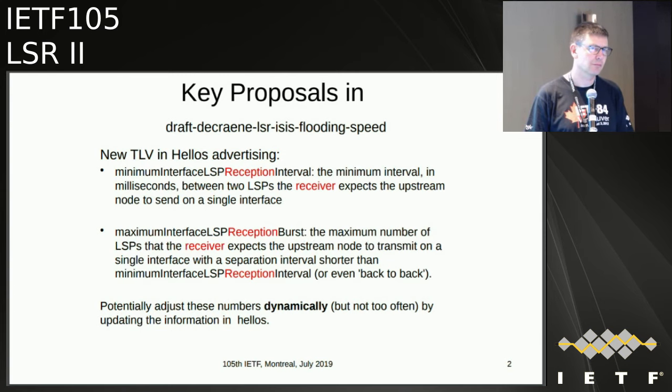But during the periods where you have change, when you need to flood LSPs, if you cannot do that at the same rate on every interface in the network, then your convergence is going to suffer. That's the key point I want to make.